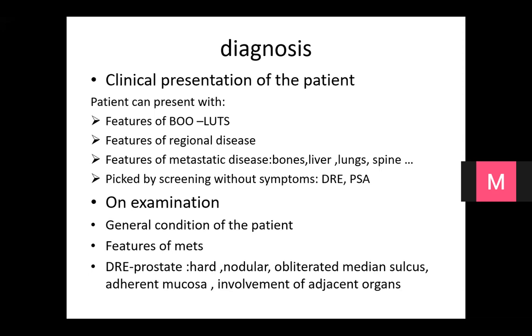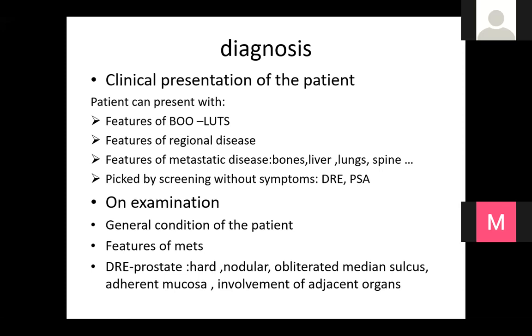So if you ever see an elderly man with lower urinary tract symptoms and also paraplegia of the lower limbs, this patient has bladder outlet obstruction secondary to metastatic disease to the lumbosacral spine, unless proven otherwise.